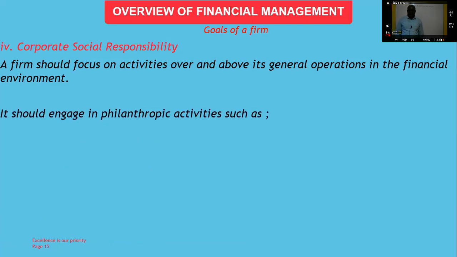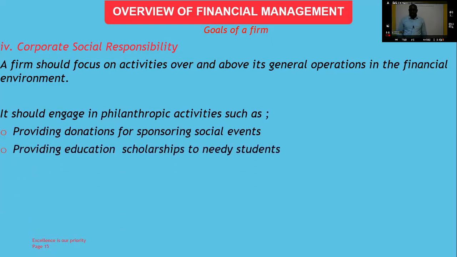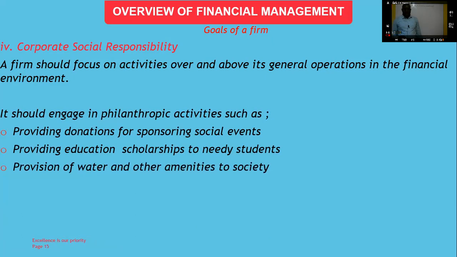Now, the firm should engage in philanthropic activities, such as providing donations for sponsoring social events, providing education scholarships to needy students, provision of water and other amenities to society, and using resources responsibly.